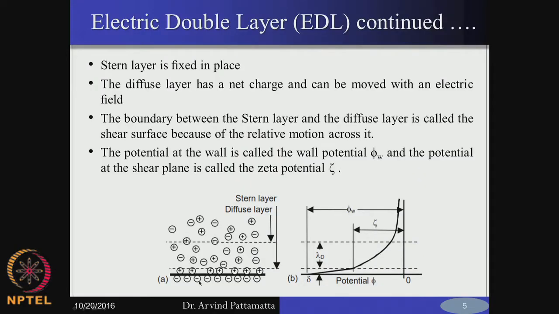And far away from the wall, the net electrostatic potential difference from the bulk value will be 0. So, if you plot the actual potential value, right at the wall you may have a very high value of potential, which then slowly, gradually decreases and asymptotically reaches the value of the bulk potential for large values of y.